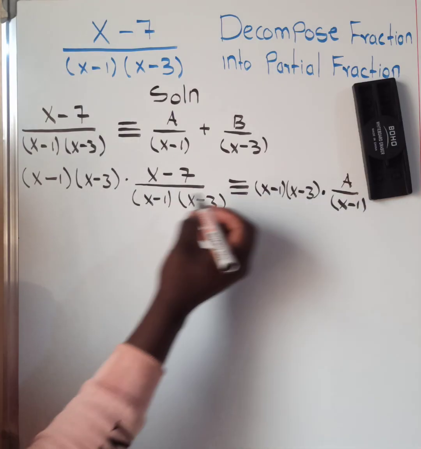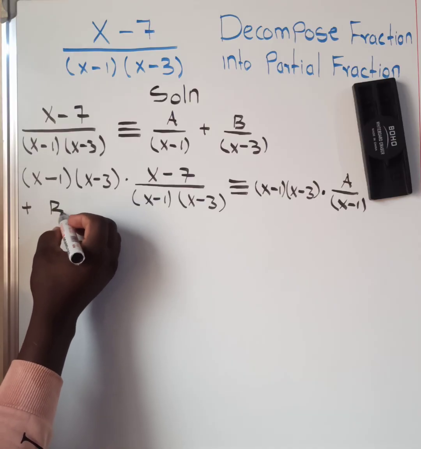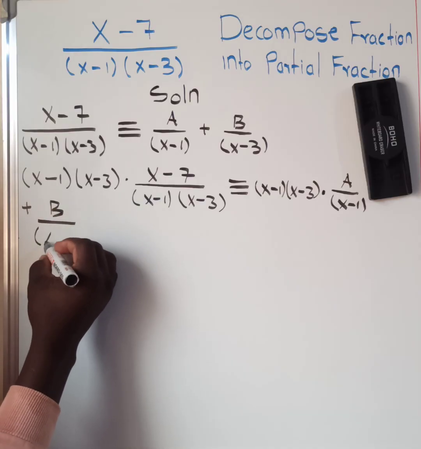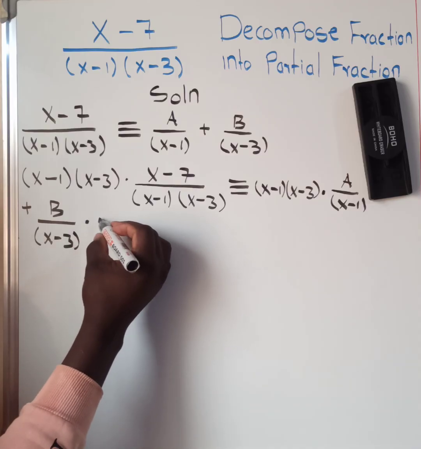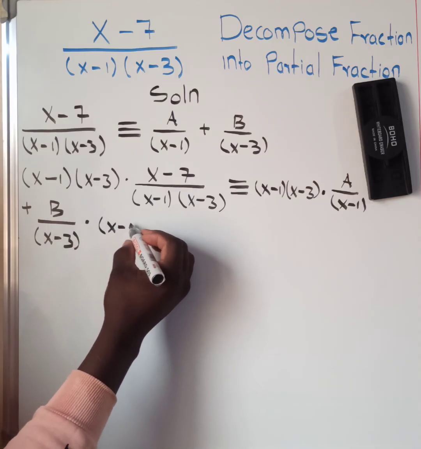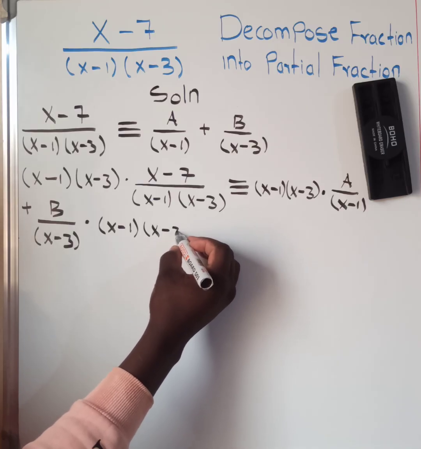So here, because of space, plus B over (x minus 3), times (x minus 1)(x minus 3).